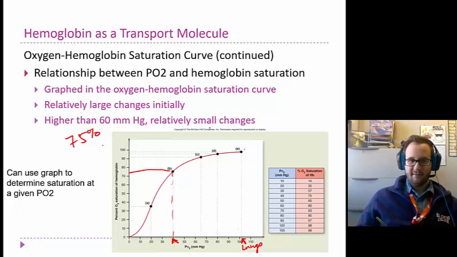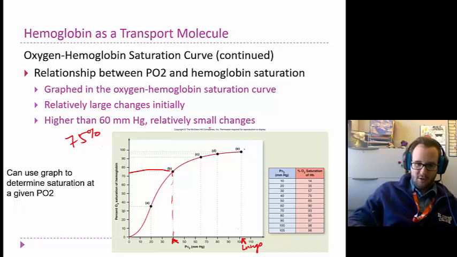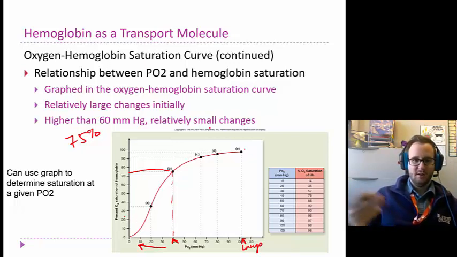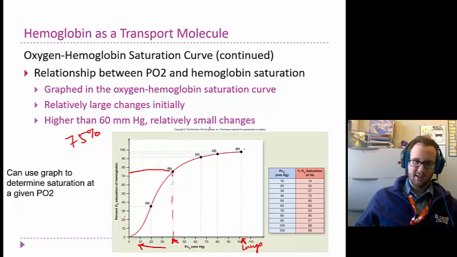And so this is just a graph that is used to determine this. At very low PO2s, so as the PO2 gets lower and lower, your hemoglobin is going to hold on to less and less oxygen. And this is important because in tissues that have a lower percentage of oxygen, for example, whenever you're running, your legs might end up using more oxygen, and so the PO2 might drop below 40.